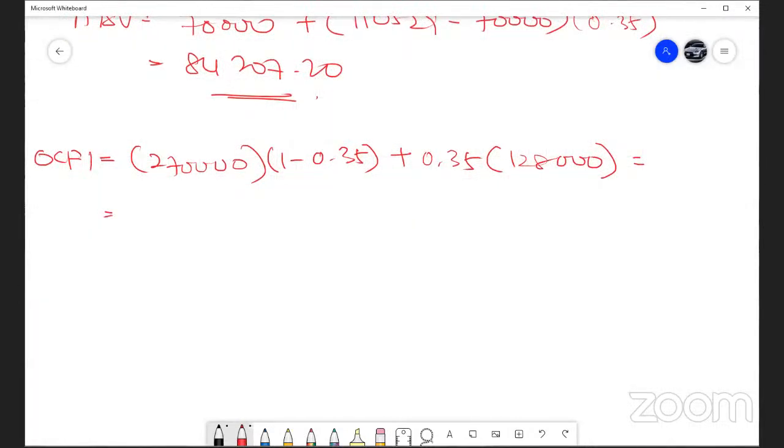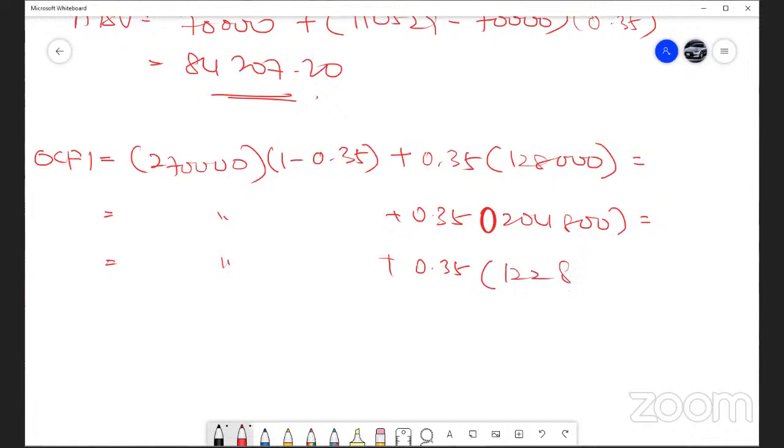Year 2, same repeating thing, plus 0.35 times 204,800. Year 3, same, only the depreciation is different: 122,880. Year 4, 73,728.